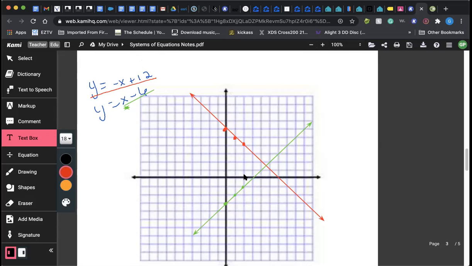So it's 2, 4, 6, 8, 9, right? Because it's halfway. And I go up by 2, 3. So my solution would be (9, 3). Okay, the location of where they intersect is my solution.